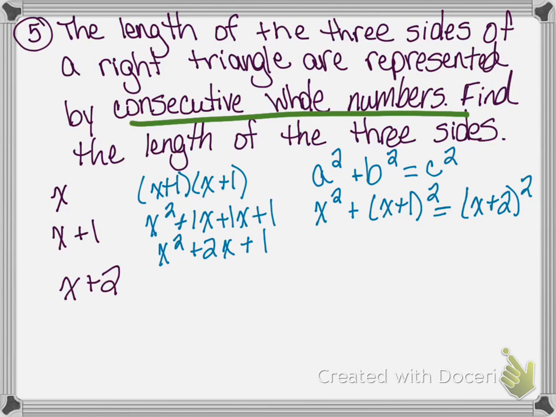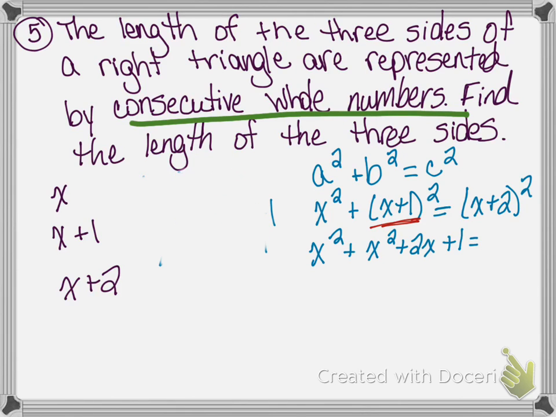Okay, and that's going to go for this right here. So I have x squared plus x squared plus 2x plus 1. Now I'm going to square x plus 2 times x plus 2.